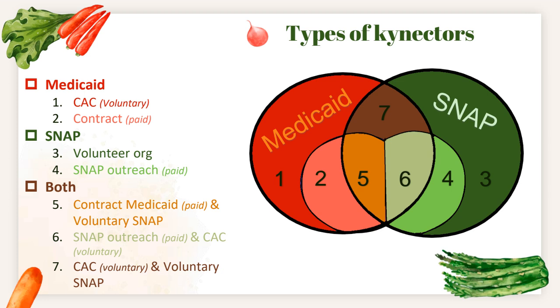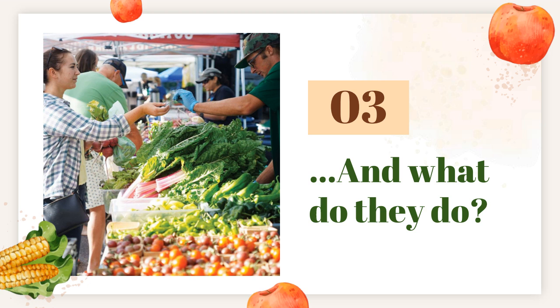Essentially we have folks on the Medicaid side and the SNAP side who potentially are receiving funding through outreach or through contracts, and then teams or organizations who are volunteer only, and of course any combination of those in the middle. There are some folks who are SNAP trained, some who are Medicaid trained, and some who are trained in both. At this point, many of our kynectors are trained in both.